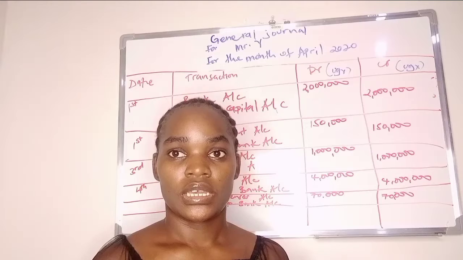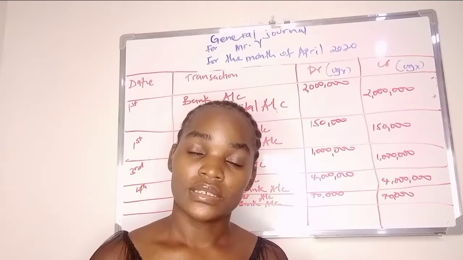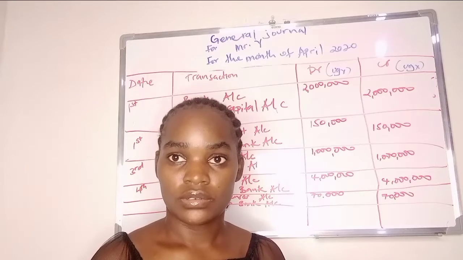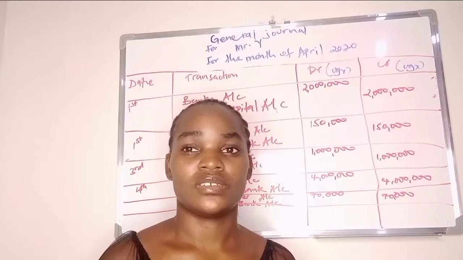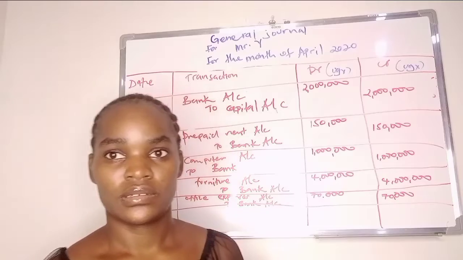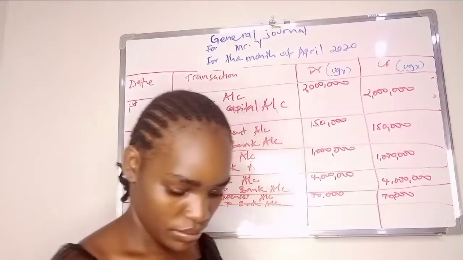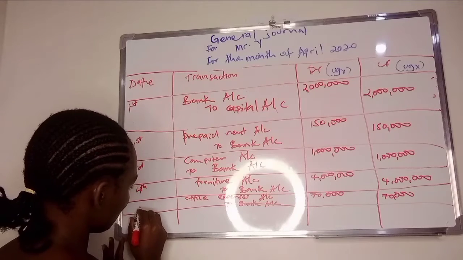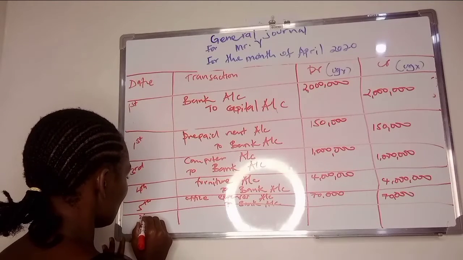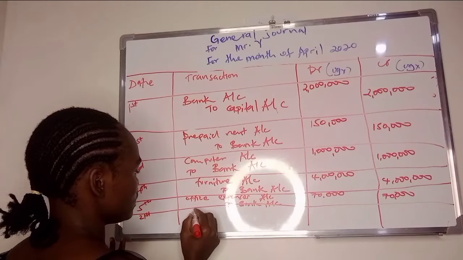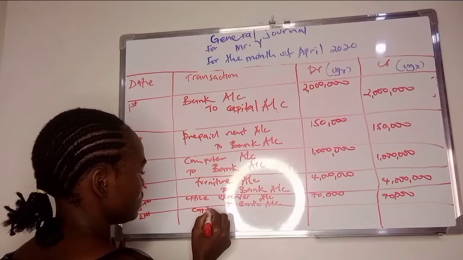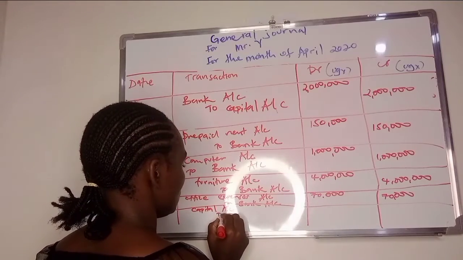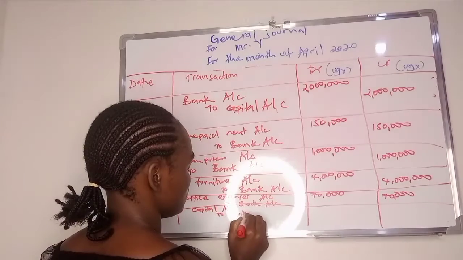Capital is reducing, and then bank is also reducing. So we shall debit capital since capital reduces by debiting, and credit bank. So capital account, then to bank account.